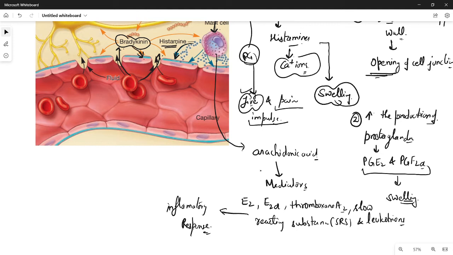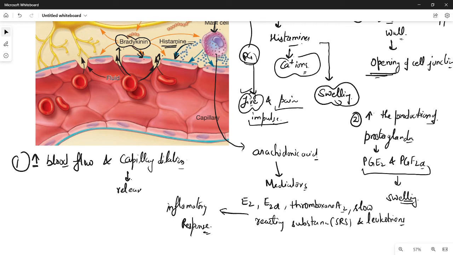Number one, in the damaged area, the blood flow is increased, and this causes capillary dilation, which brings more antimicrobial factors and leukocytes that destroy the pathogen.